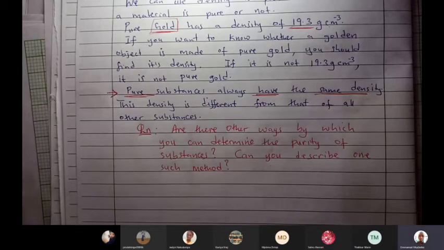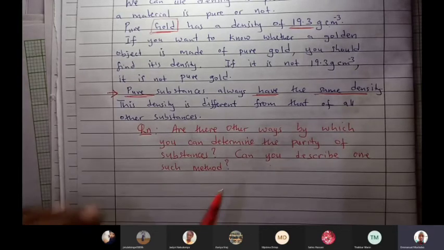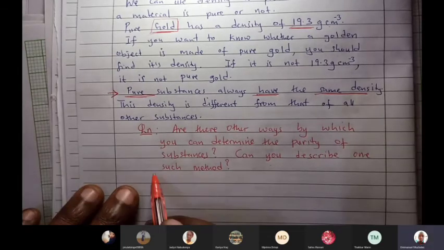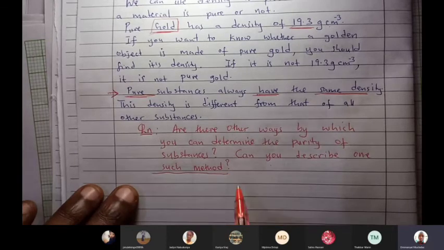Anyway, I'll not go deep in that, because that one we shall even find in the topic of heat. Now, when you look at pure water, we say pure water boils at 100 degrees centigrade, not so?